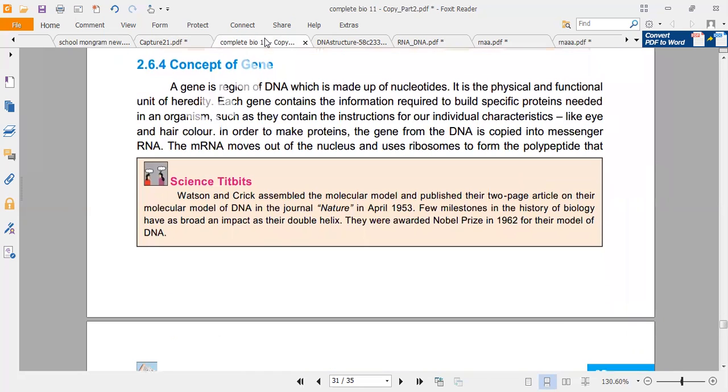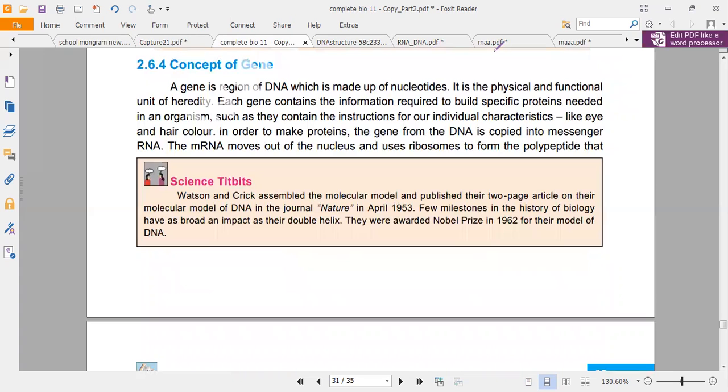Yes, students, what are genes? Genes are sequences of nucleotides, because these nucleotides are part of DNA. So genes are present on DNA.